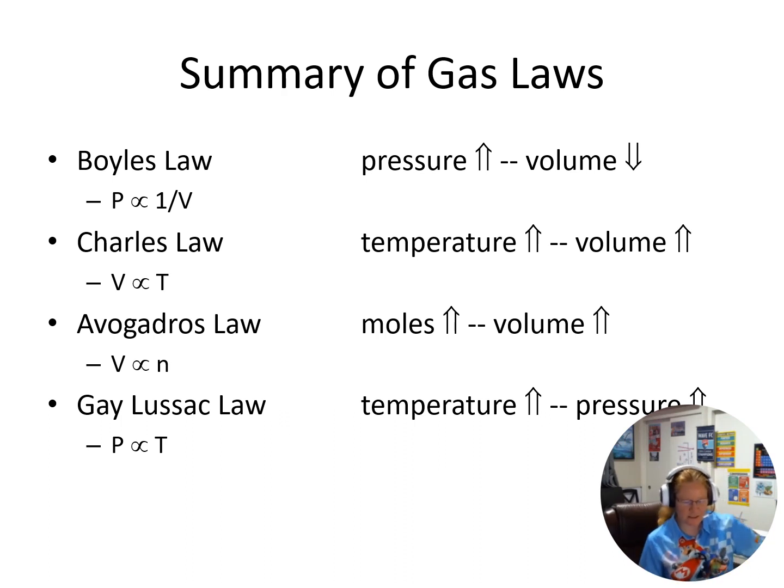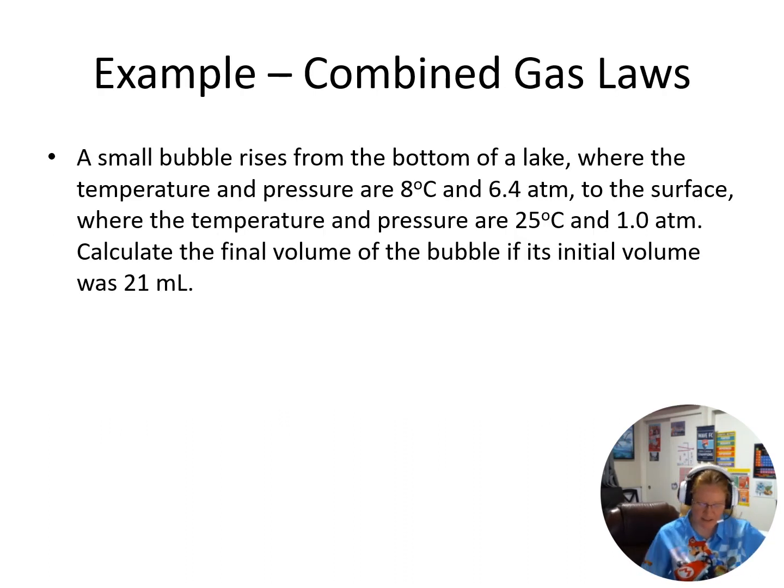Okay, so here is my challenge to you for 3 variables. We've got a bubble at the bottom of a lake where the temperature and pressure are 8 degrees Celsius and 4 atmospheres. This bubble is going to rise to the surface with a pressure and temperature of 1 atmosphere and 25 degrees Celsius. We need to know the final volume of the bubble if the initial volume was 21 mL.